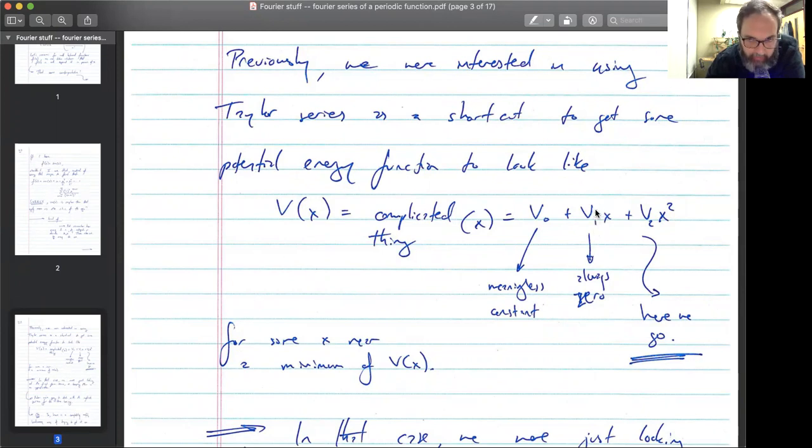Because you take the negative derivative of the potential to get the force, and therefore it wouldn't be a minimum. So this has to be 0 plus V2 x squared, and this is the thing we wanted, because we wanted this to say, look, this potential energy function that's complicated, near a minimum, it's parabolic. So it looks like a Hooke's law thing. So let's just steal results from Hooke's law.